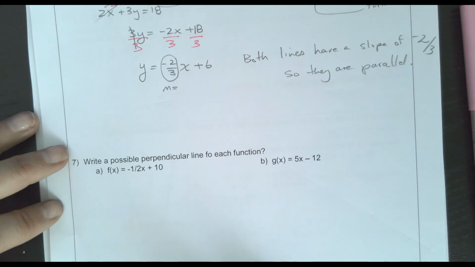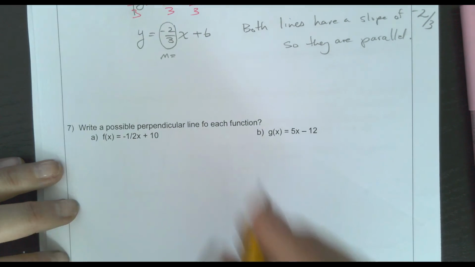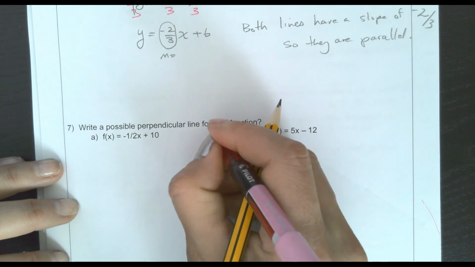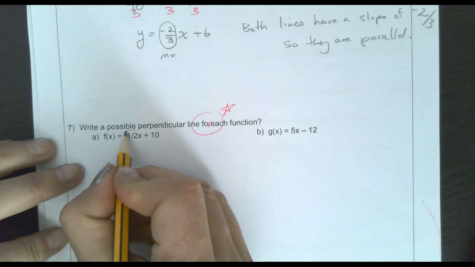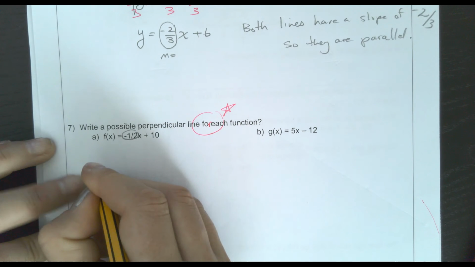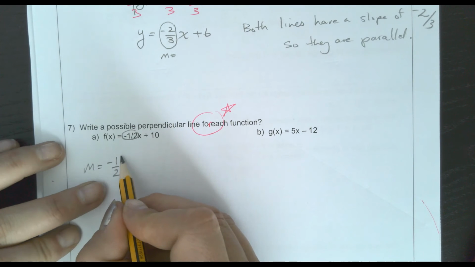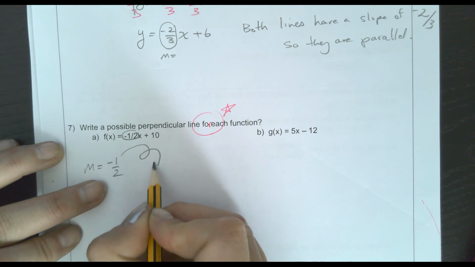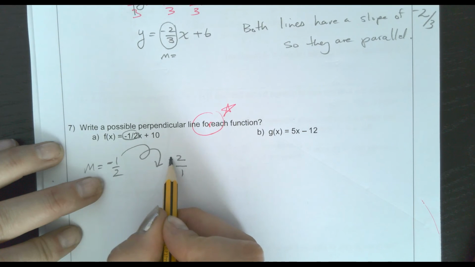Okay. Write a possible perpendicular line for each function. So my slope here is equal to negative 1/2. Okay, so to get my new slope, I do the reciprocal 2/1, and if this is negative, I have to make this positive.